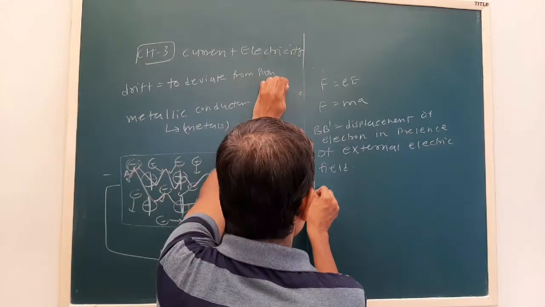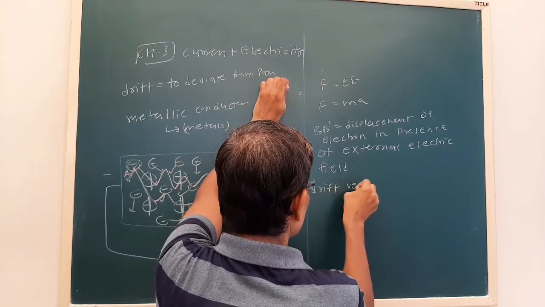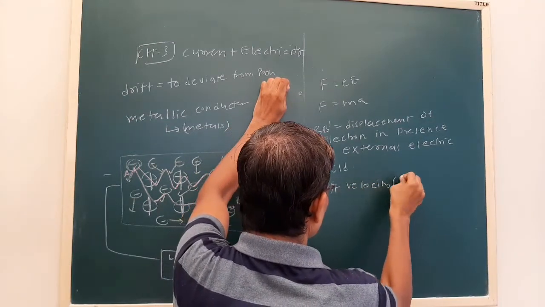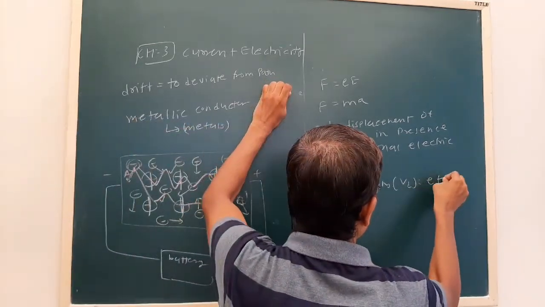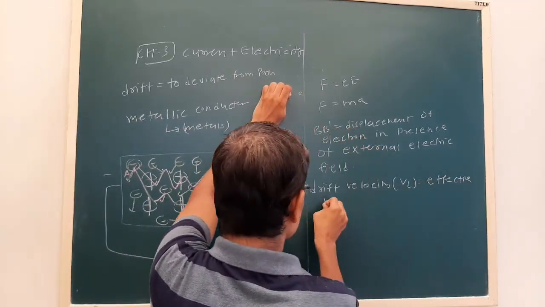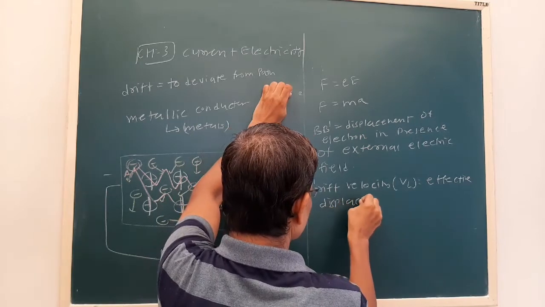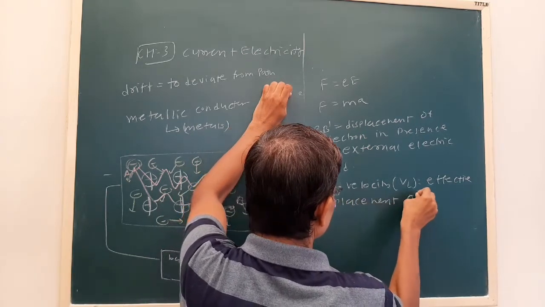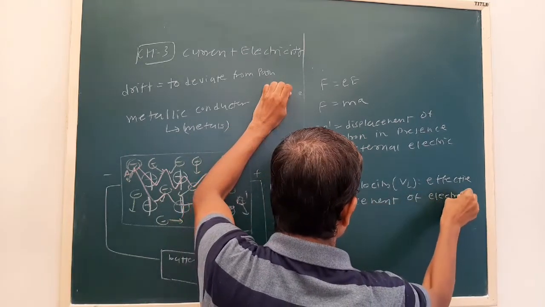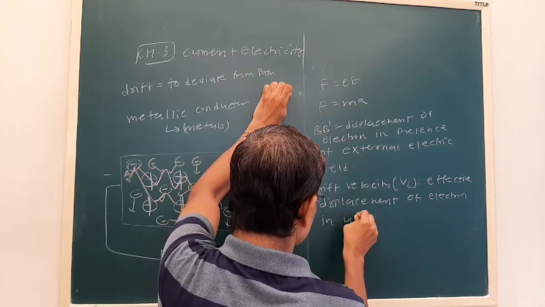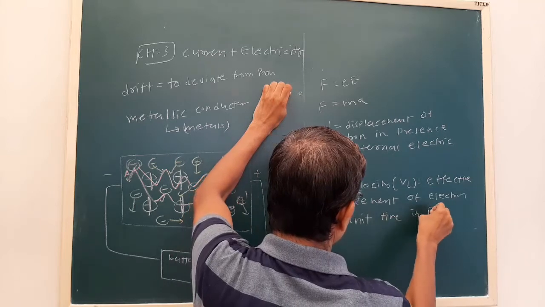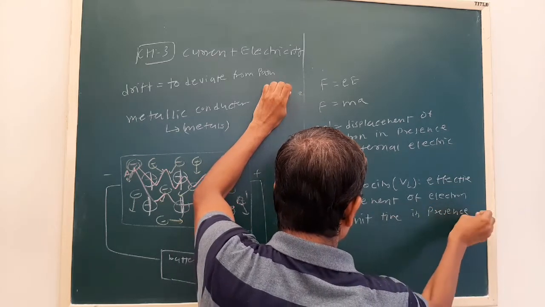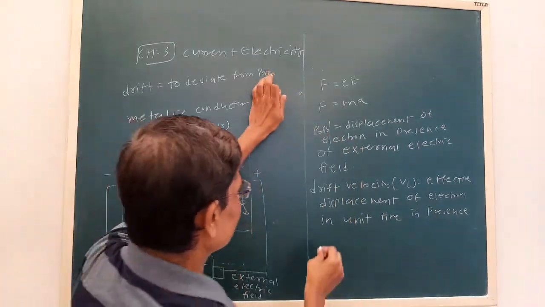So how do we define drift velocity? That is denoted by v. Drift velocity is the effective displacement of the electron in unit time in the presence of an external electric field.